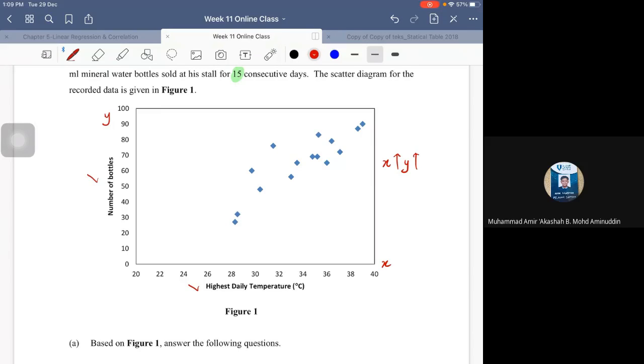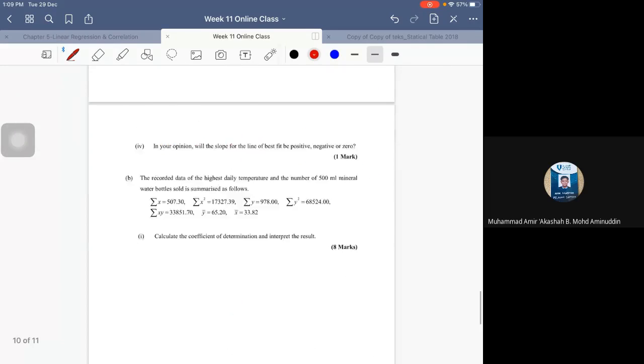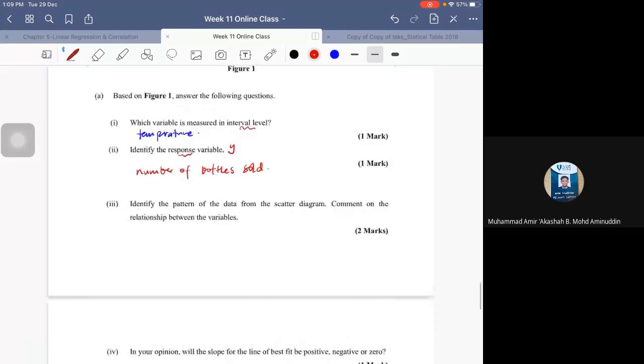What can you actually conclude from the scatter plot itself? There is a positive relationship. If I were to make a line out of this, my line is going to look like this. So basically, there is a positive relationship between x and y. That is one thing that we can see over here. The question says identify the pattern.